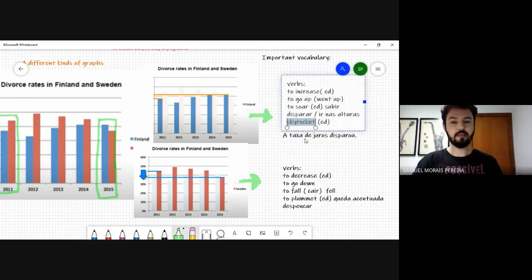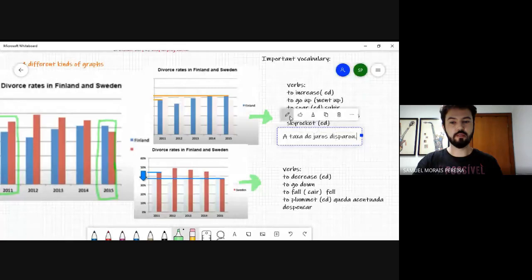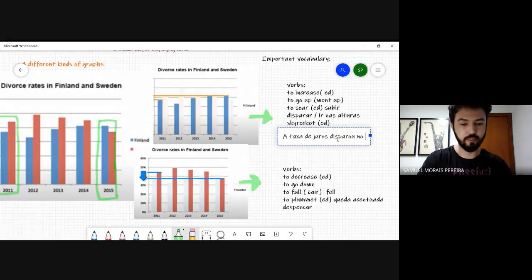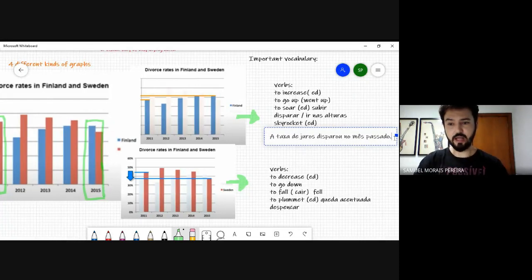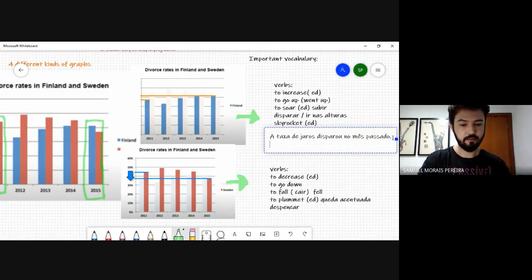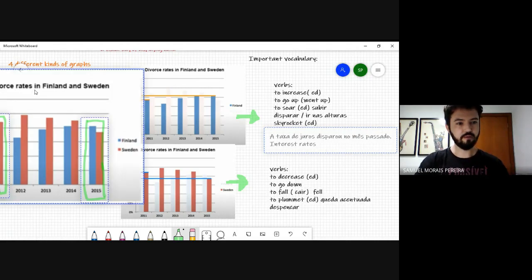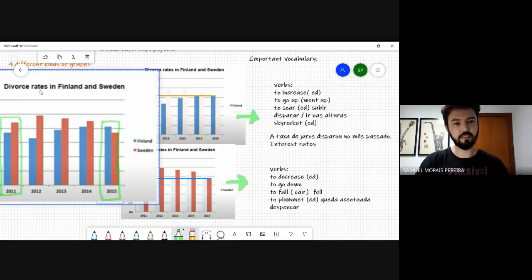So, how do I say? A taxa de juros disparou, por exemplo, no mês passado. Ó. No mês passado. In English, I will say, juro em inglês é assim, ó, interest. Interest é juros, tá bom? Então, interest rates, vocês aprenderam taxa aqui, ó, divorce rates, né? As taxas de divórcio, os índices de divórcio.